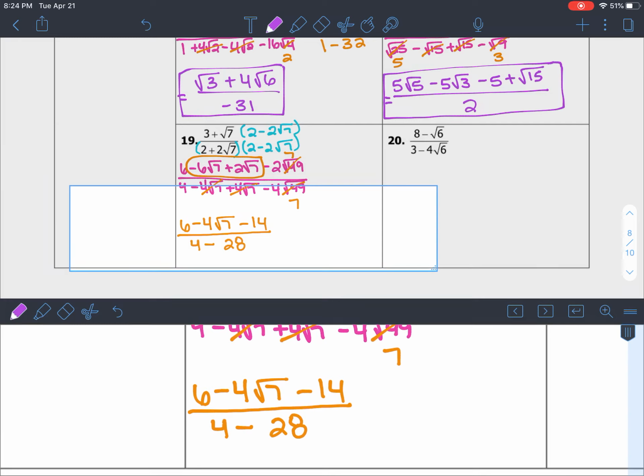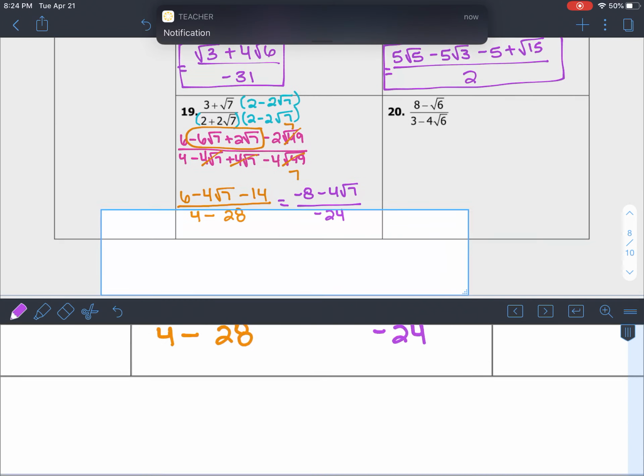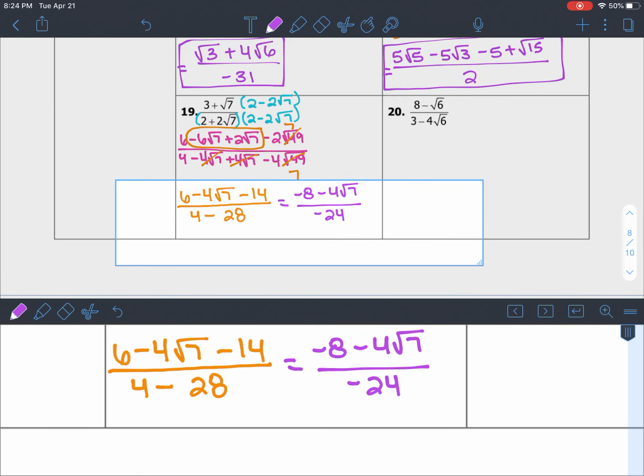My last step here is to just combine any like terms. So I have that 6 and 14 on the top. If I do 6 minus 14, I end up with negative 8 minus 4 the square root of 7 on the top and negative 24 on the bottom. If I wanted to simplify just one more time, negative 8, negative 4, and negative 24 all have 4 in common.